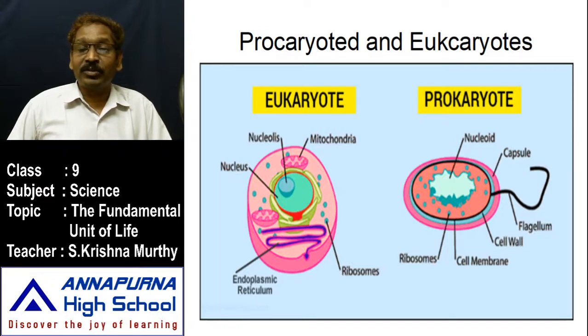Those that are green or autotrophic are enclosed with a cell wall. So some bacteria contain a cell wall and some do not, and all those bacteria contain only a plasma membrane and an undefined nucleus.